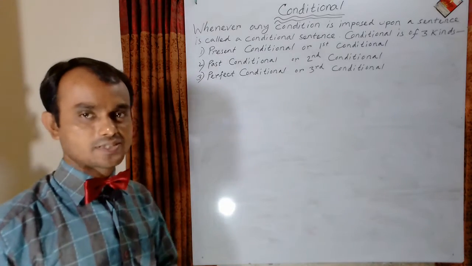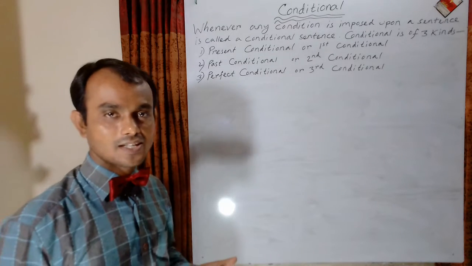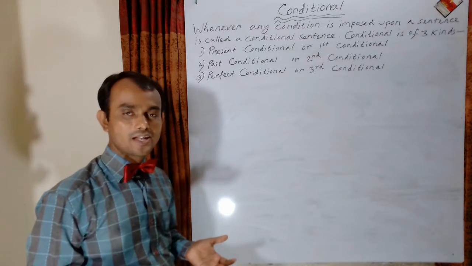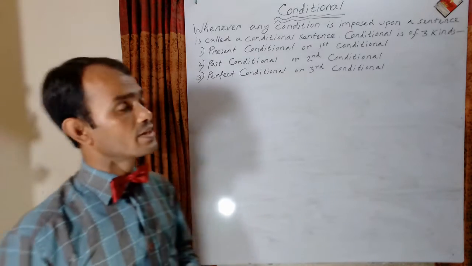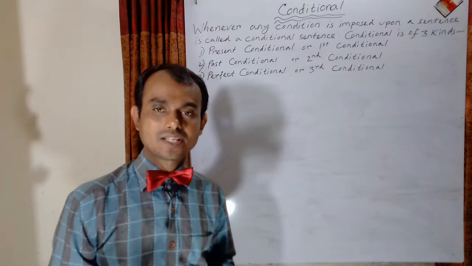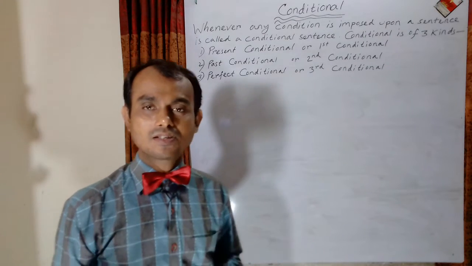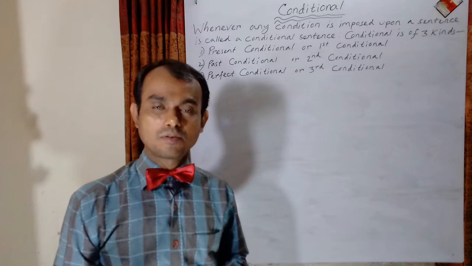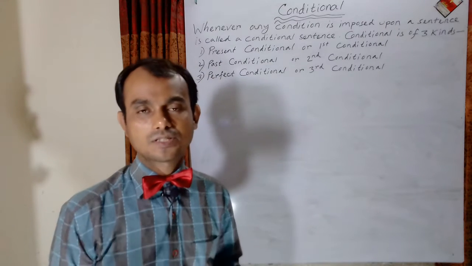Dear students, I have already written the definition of conditional sentence and its kinds. Whenever any condition is imposed upon a sentence, it is called a conditional sentence. Conditional is of 3 kinds: present conditional, past conditional, perfect conditional.